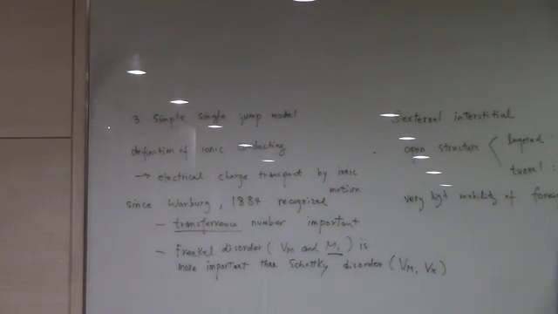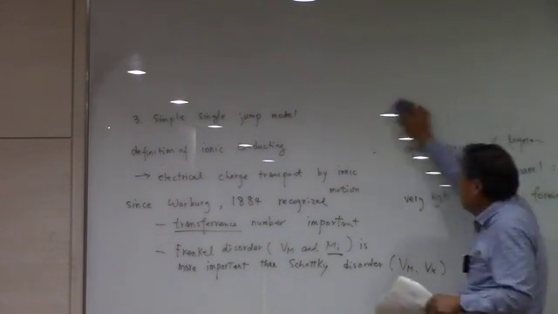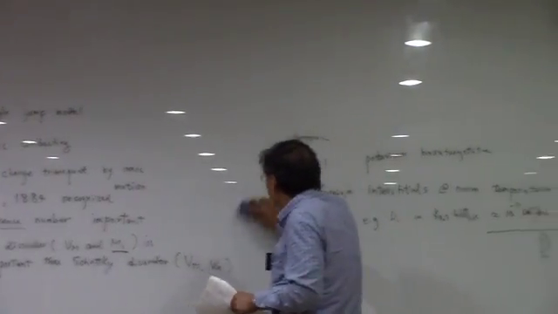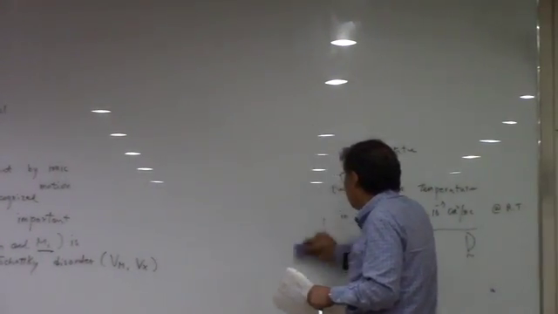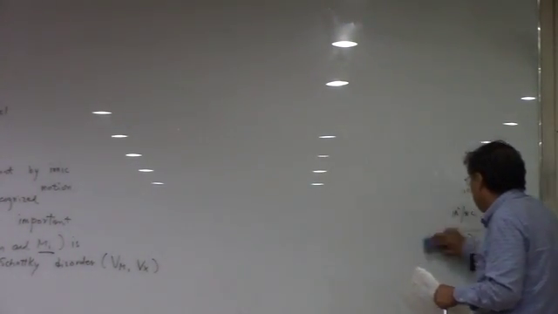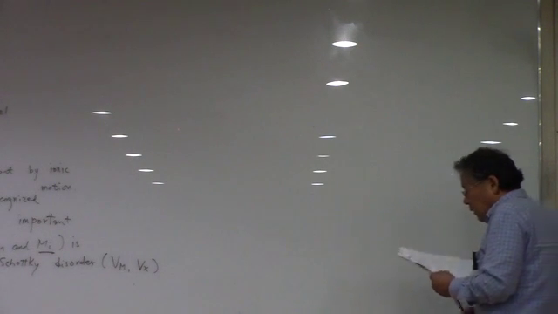Now, before we go into the single jump model, let me give you the numbers that we are talking about in fast ionic conductors. How fast are we talking about?